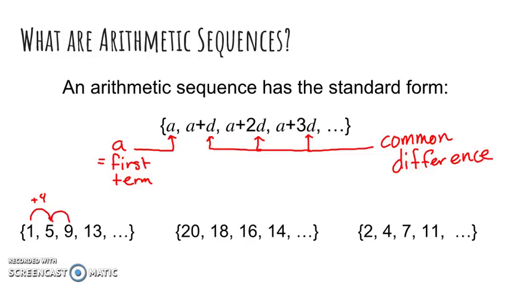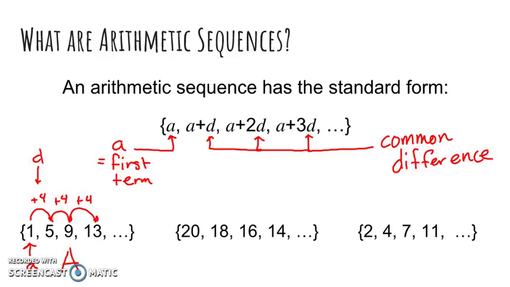I go 5 to 9, I've added 4. 9 to 13, I've added 4. This sequence down here is arithmetic. I am adding 4 each time. My first term would be the 1, because that's the first term there. So that's my A. Okay? And then this positive 4 is my common difference.